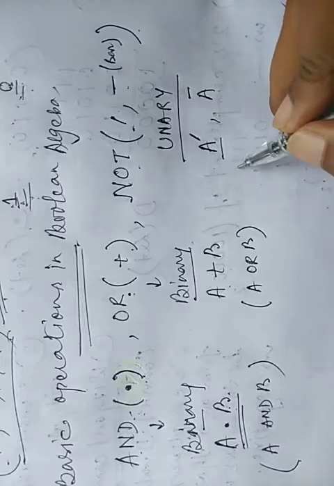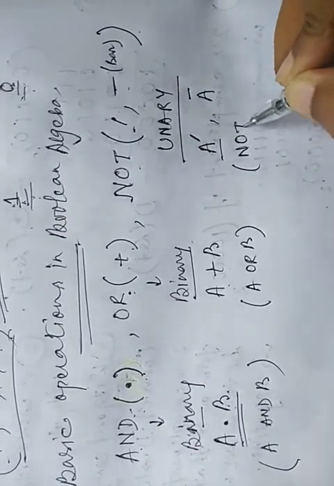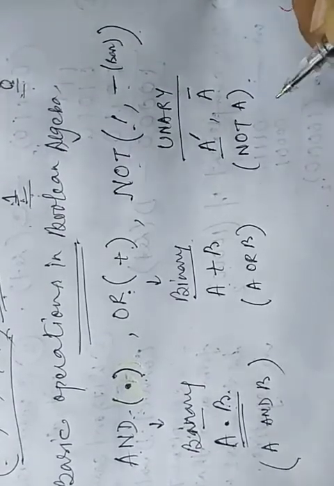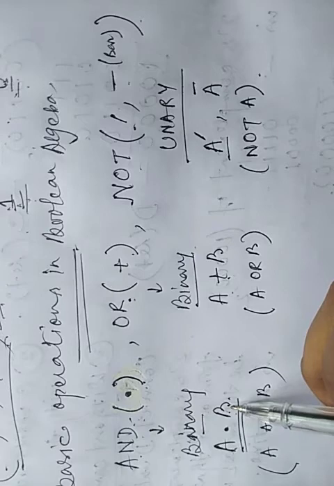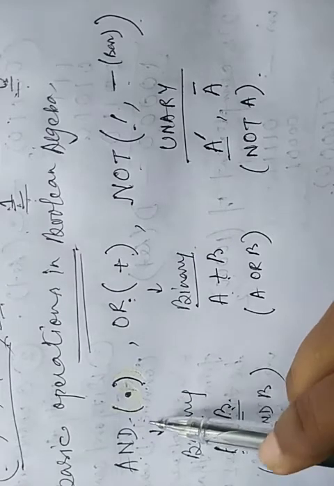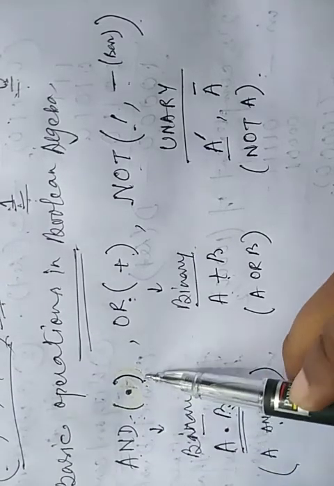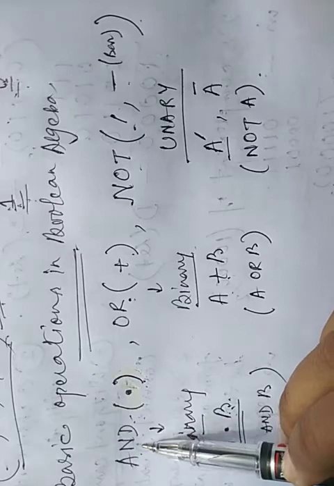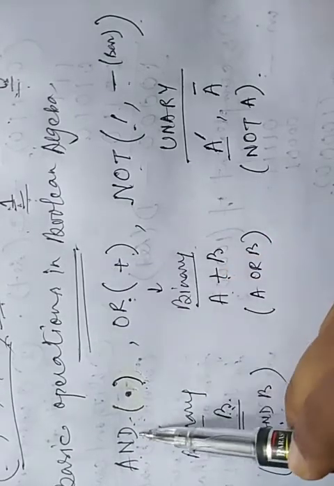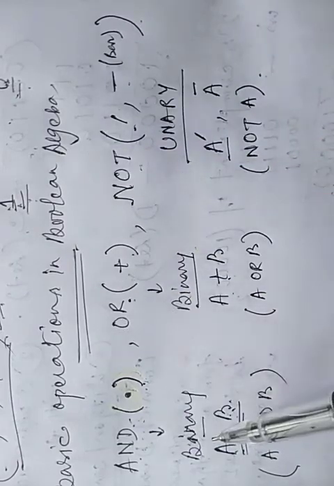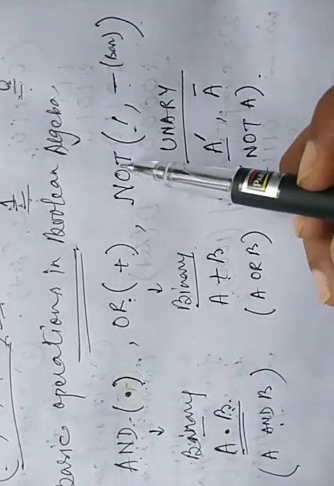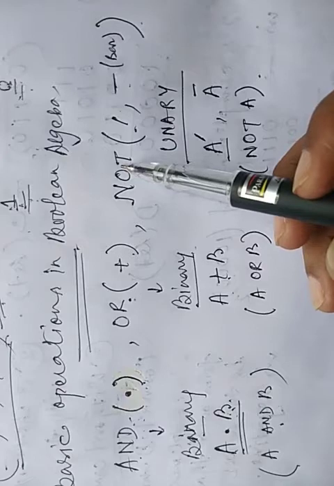Don't confuse these plus, bar, complement with our arithmetic operators. These are our Boolean operators. There are three basic Boolean operators: AND, OR, NOT. There are also some other operators we'll discuss later, but AND, OR, NOT are the basic Boolean operations.